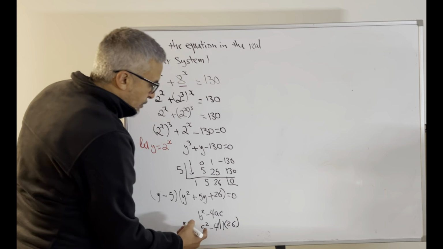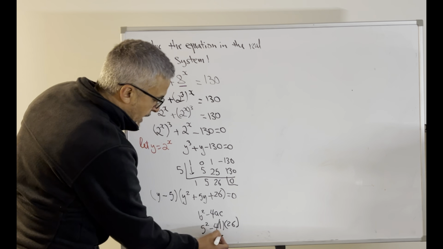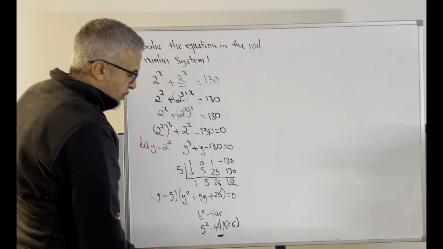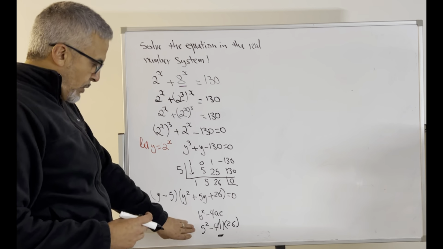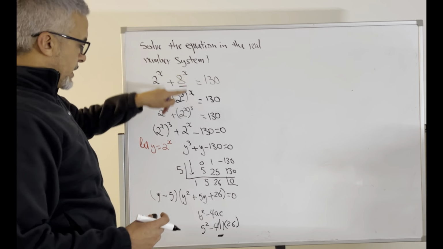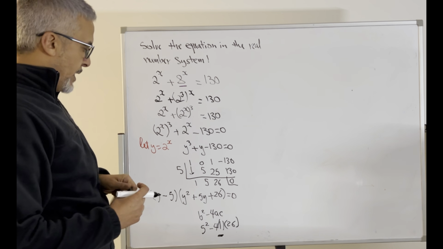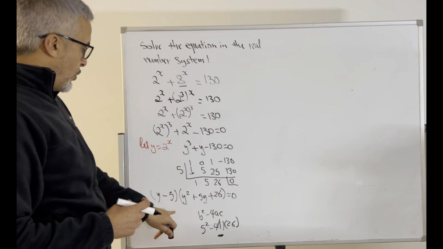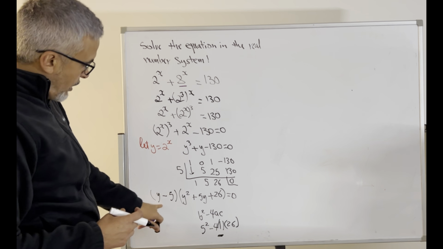And now it's obvious, this is going to be 25 minus a big number. So under the square root, we're going to have a negative number, and we cannot square root a negative number. And therefore, we're not going to get any other solutions in the real number system. Yes, we'll have a complex number, but not a real number. So this is the only root for this equation.